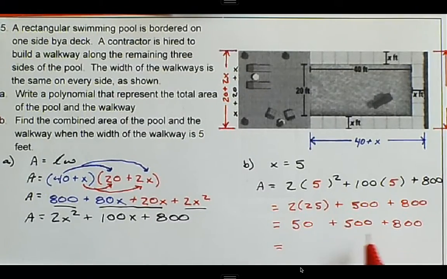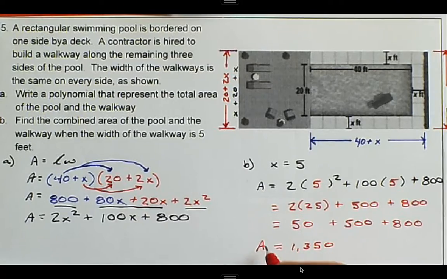And last, we have 500 plus 800 is 1,300, plus 50. So we have 1,350. And that is the area of the pool and walkway, and that is measured in feet. So that's got to be feet squared because we're talking about area.